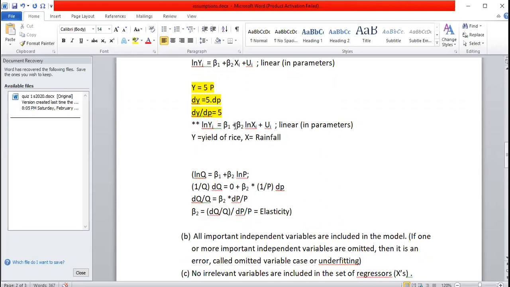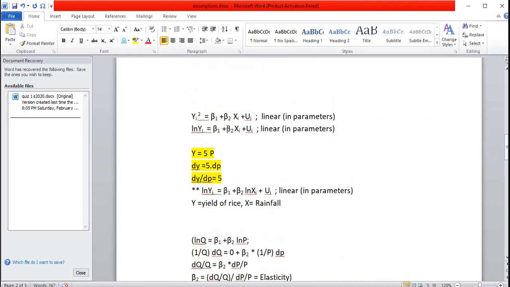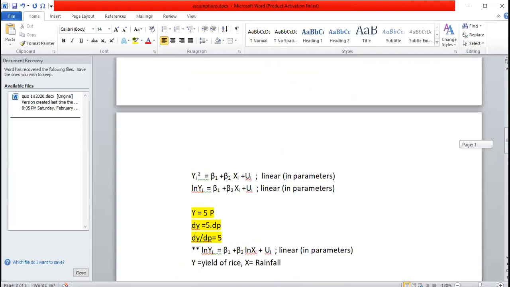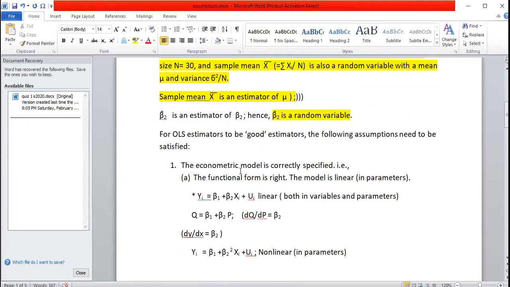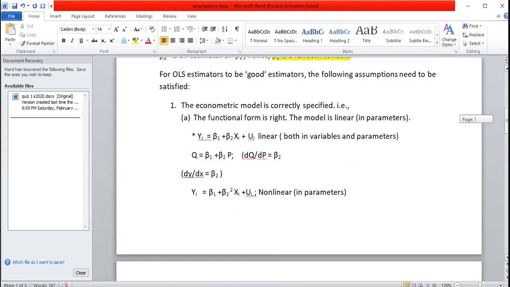I explained the slope coefficient here. I said this is elasticity. Here you find what beta 2 is when you have log on the left-hand side and linear on the right-hand side. So that is one criterion for a correctly specified model.